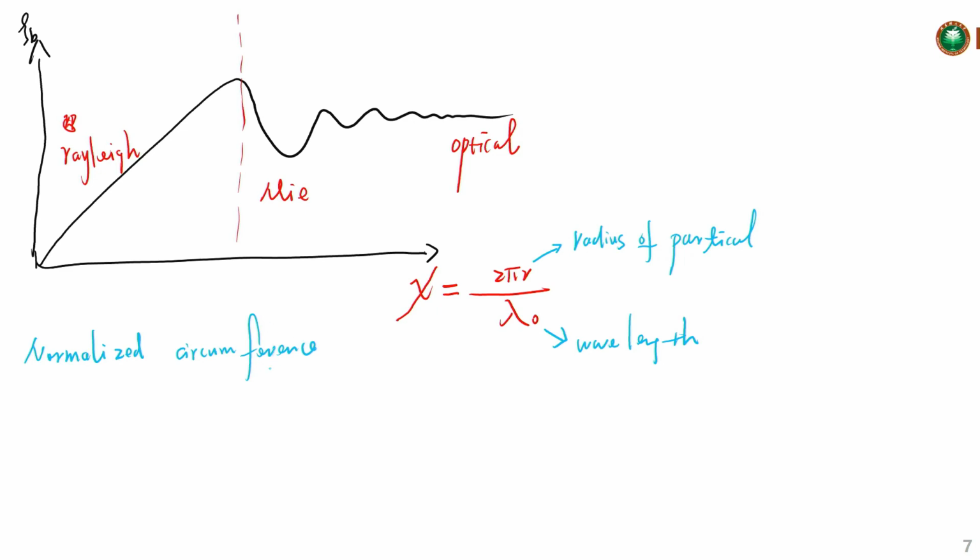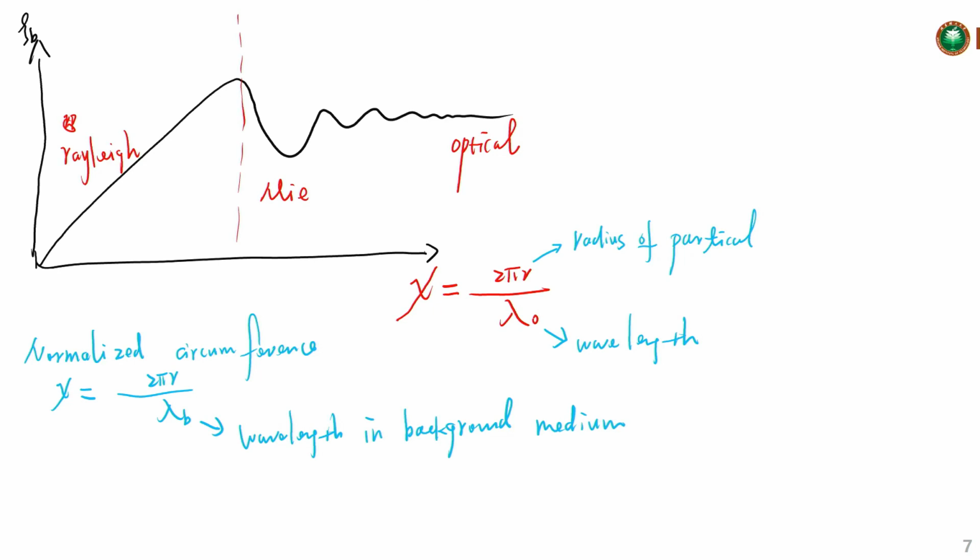So for a general expression, it can be expressed as kappa, and it is expressed as 2 pi r over lambda b. So lambda b is the wavelength of the electromagnetic waves in the background media.